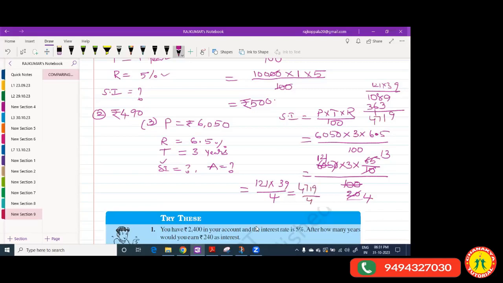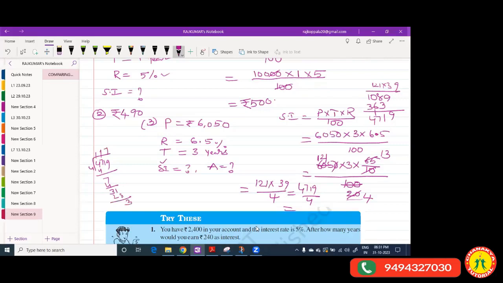4719 divided by 4. That equal to divide 4719 by 4. 4 1s are 4. 7, 4 1s are 4. 3. Okay. 3 and 1. 4 7s are 28. Okay.